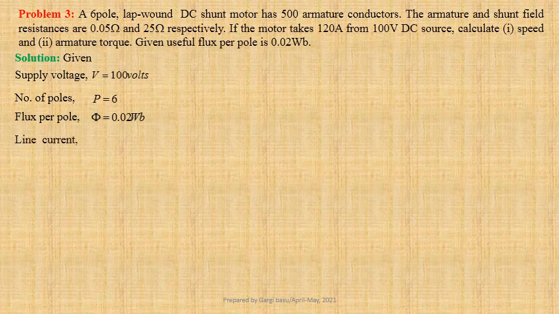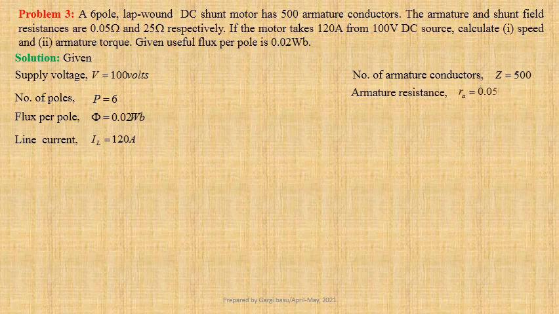Line current IL equals 120 ampere. Number of armature conductors Z equals 500. Given armature resistance Ra equals 0.05 ohm. Shunt field resistance RSH equals 25 ohm.